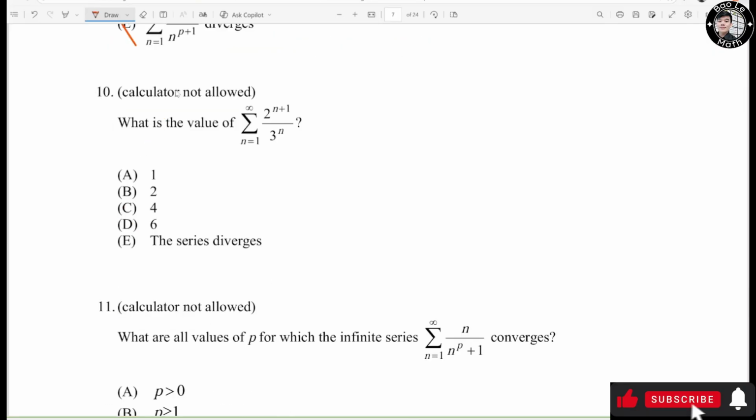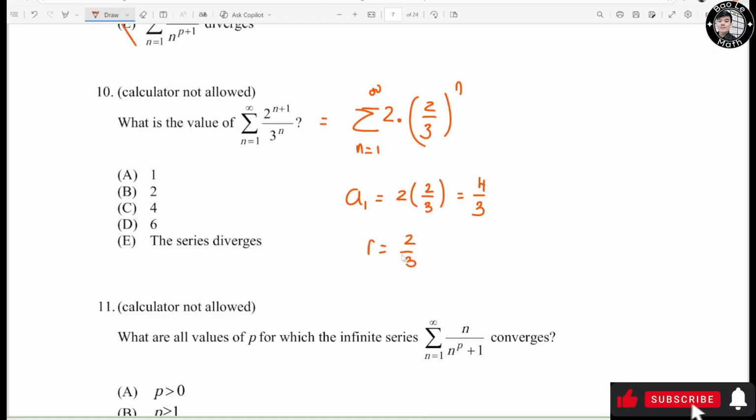Question 10. What is the value of the series, the sum of 2 to the n plus 1 over 3 to the n? All right, so we rewrite this as 2 times (2 over 3) raised to the n. The first term is when n equals 1. Substitute over here, and we have a sub 1 equals 2 times 2 over 3, which is 4 over 3. The common ratio is 2 over 3.